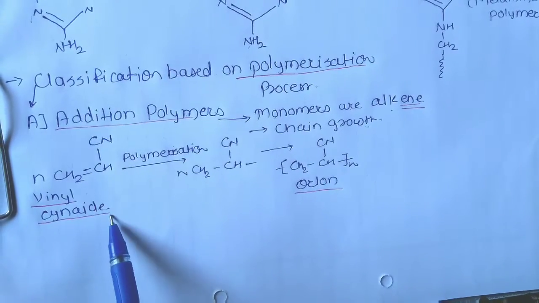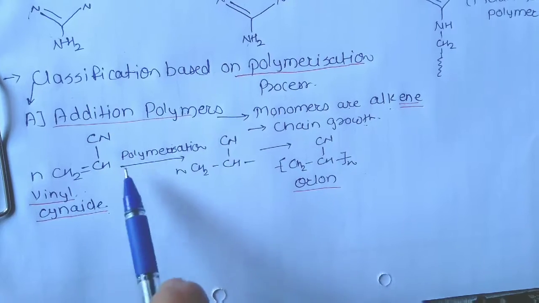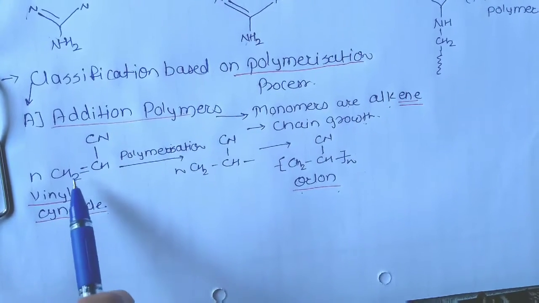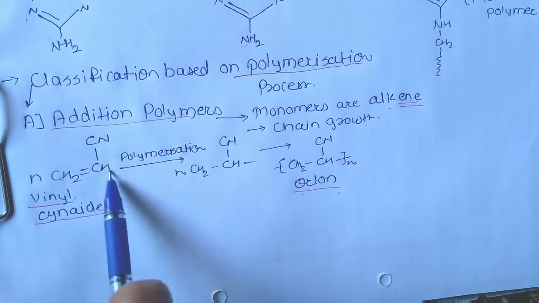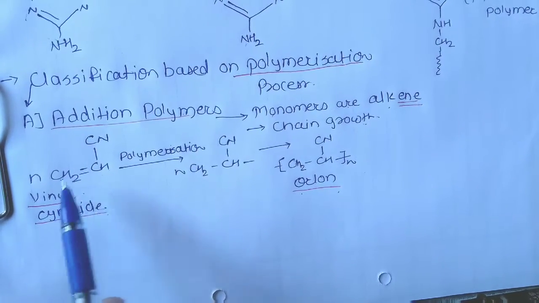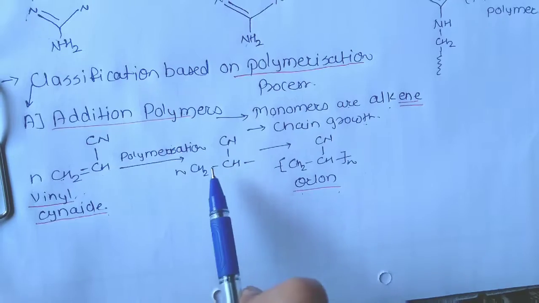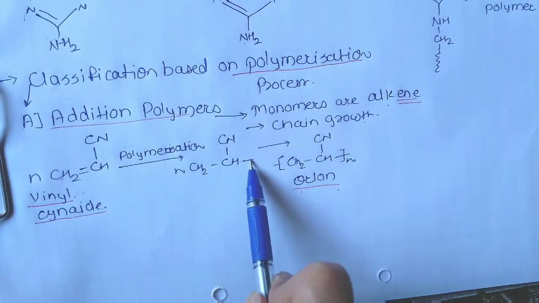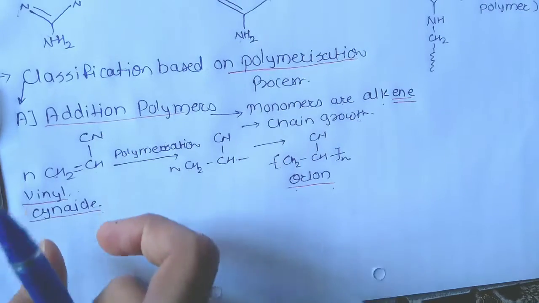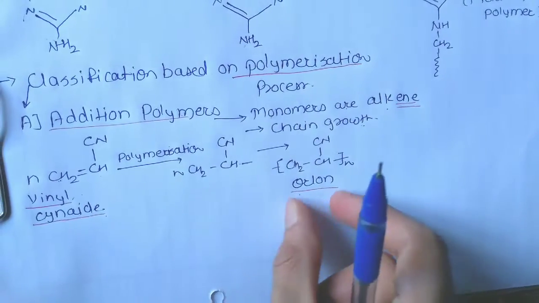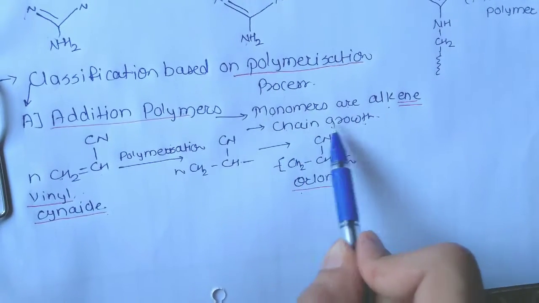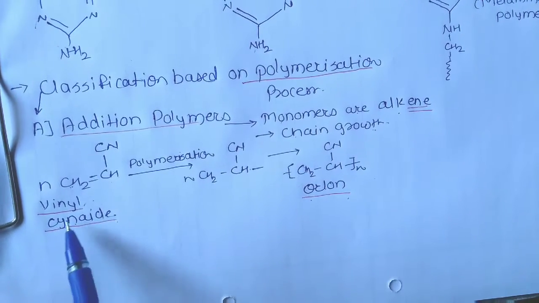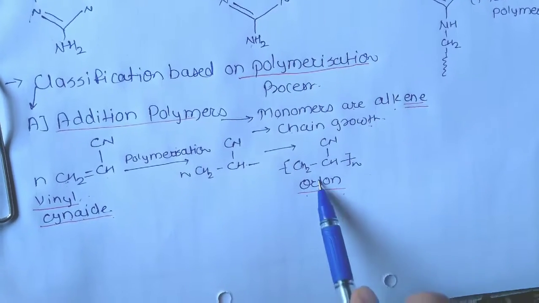When vinyl cyanide polymerization takes place, we will get Orlon. The double bond between these two carbon atoms is broken. Then we see branching. Basically chain growth is there, so it is also called chain growth polymerization. Vinyl cyanide is a monomer and Orlon is a polymer.